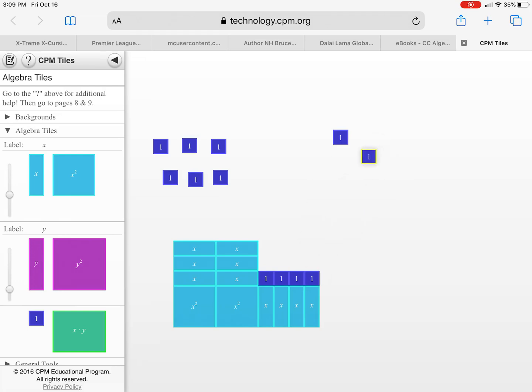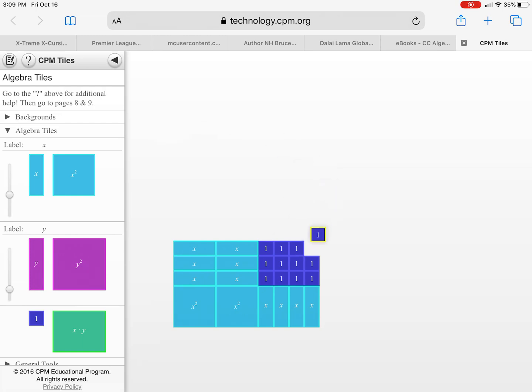Hopefully those are going to be exactly what I need to complete the rectangle for this particular equation, and it's looking good. Put those in there. Notice when it turns green and then connects. That's all you have to do: move it where it turns green and then connects.